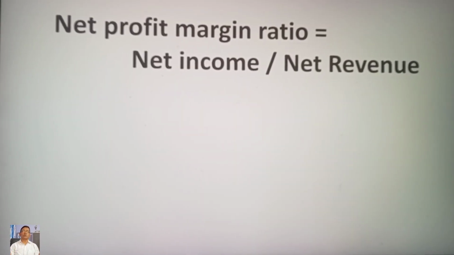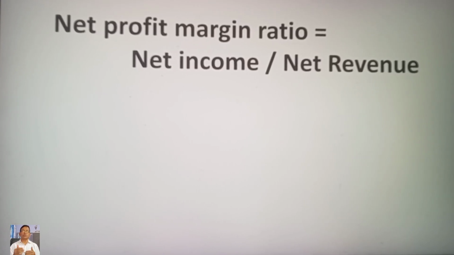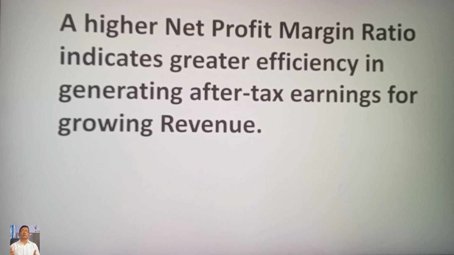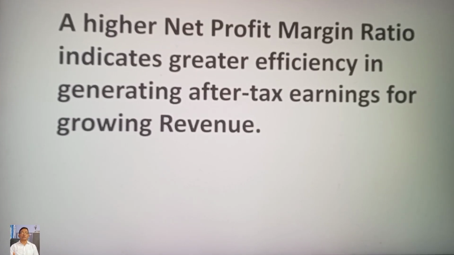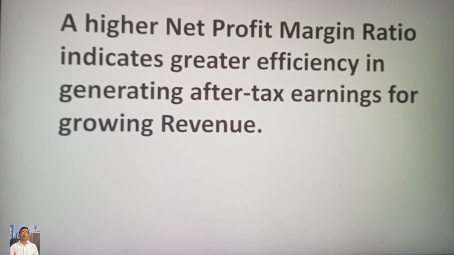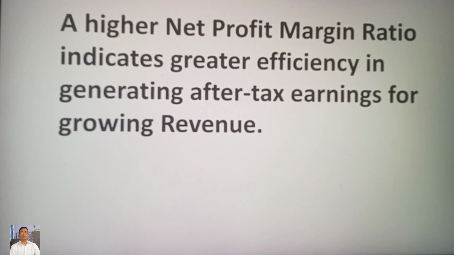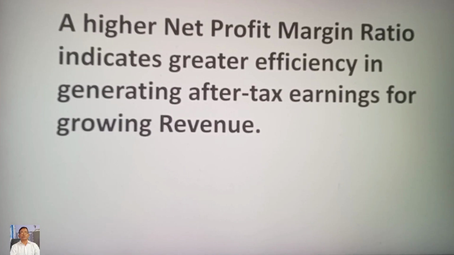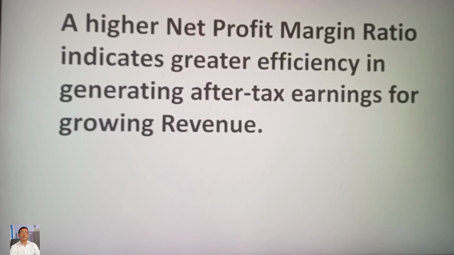So, net profit margin ratio is equal to net income divided by net revenue. A higher net profit margin ratio indicates greater efficiency in generating after-tax earnings for growing revenue, whereas a declining net profit margin ratio indicates problems in controlling expenses or weaker profit growth overall.